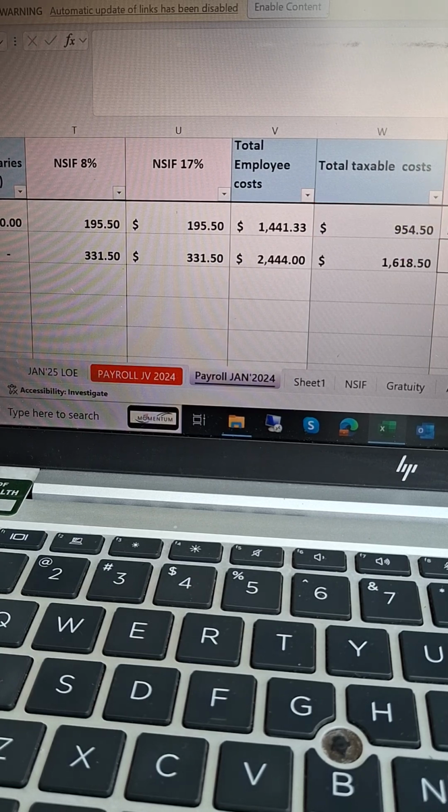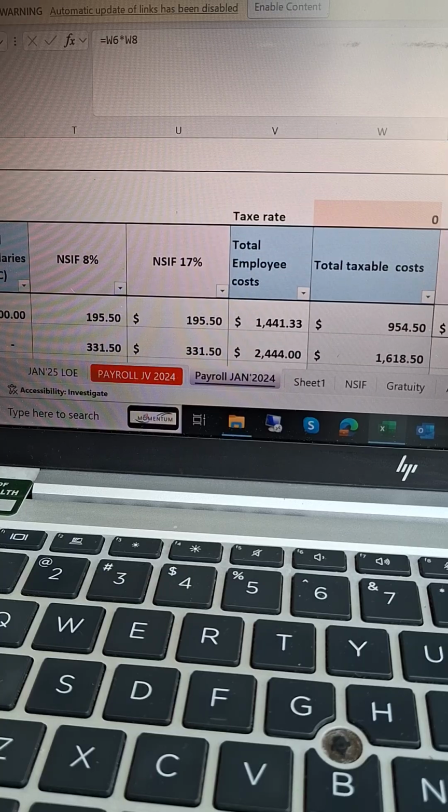This is where the tax rate is represented by W6, this cell here. You can see how we are able to see that cell. In order for the rest of the formula to pick this cell, I click on that, then I will reference this cell, W6.